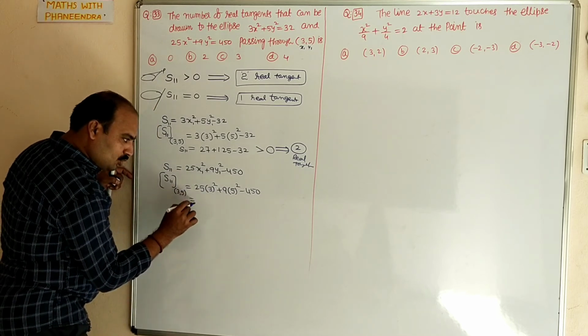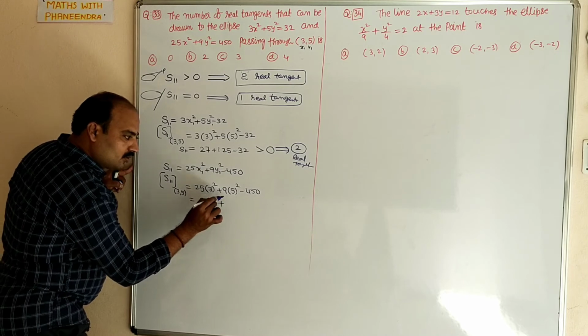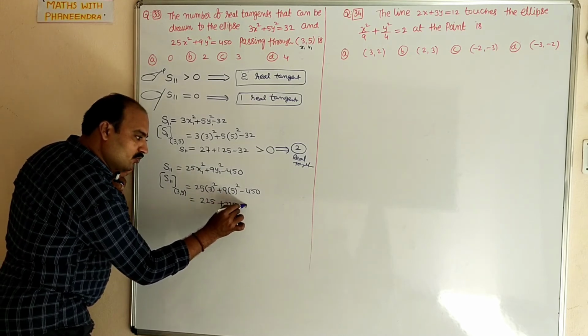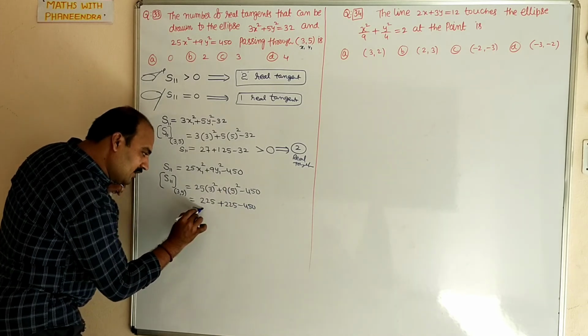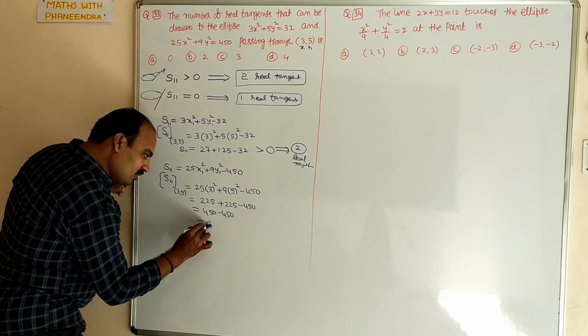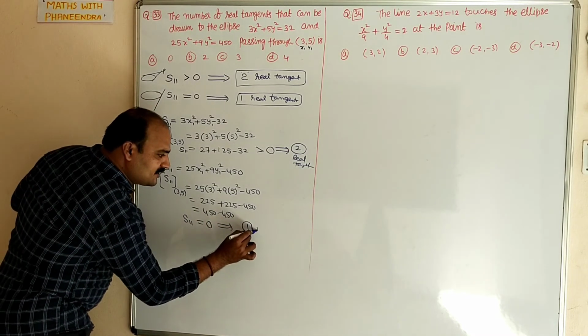So 9 into 25 is 225, 25 into 9 also 225, minus 450. So 450 minus 450 is 0. Whenever S11 is 0, one real tangent.